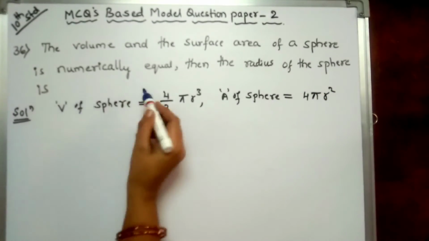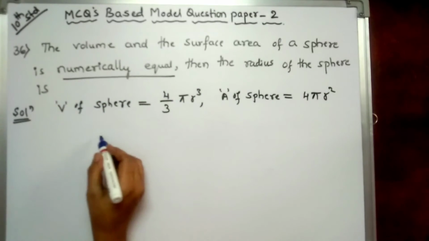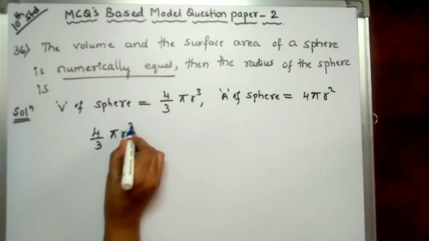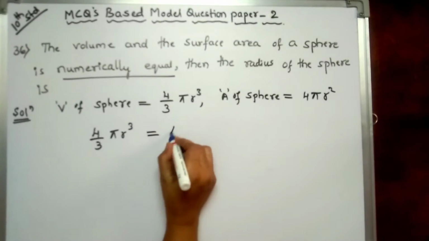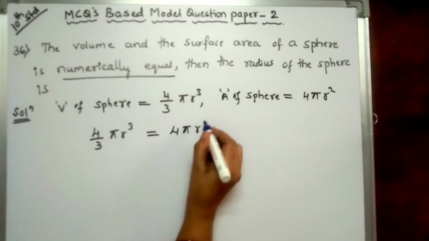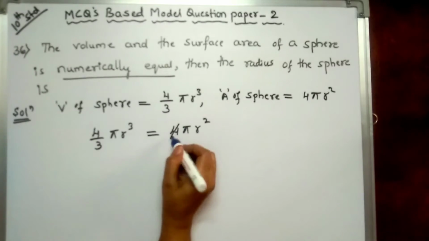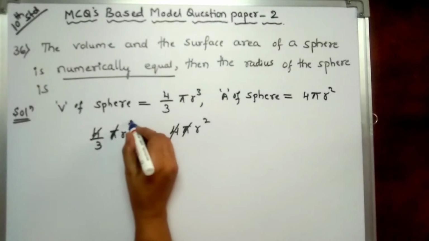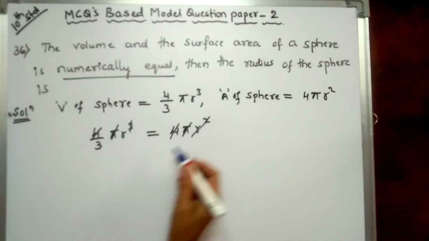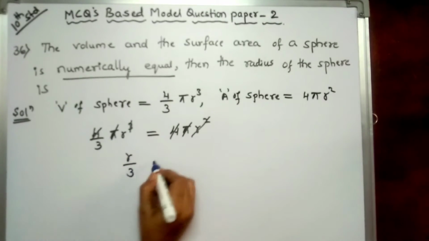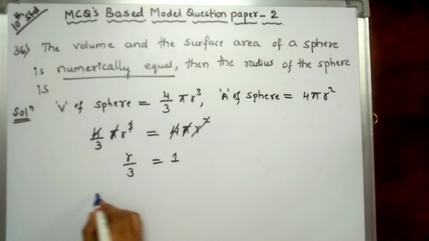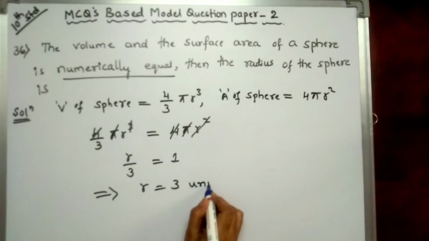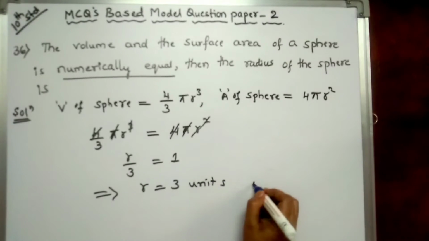Both are numerically equal, so 4 by 3 pi r cube is equal to 4 pi r square. See, 4 and 4, pi and pi cancel, and r cube with r square leaves r. So r by 3 is equal to 1, which implies radius is equal to 3 units. Option A.